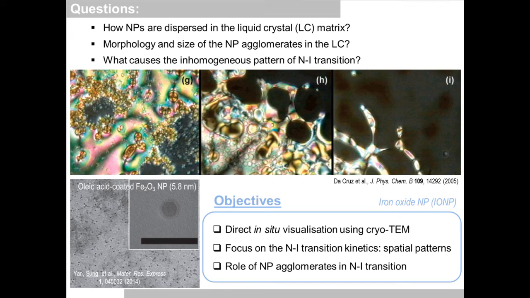Here our objectives are, by using 5CB and iron oxide nanoparticles, to achieve direct in situ visualization using cryo-TEM, focused on the NI transition process, particularly the spatial patterns, and to find the role of NP agglomerates in the NI transition.